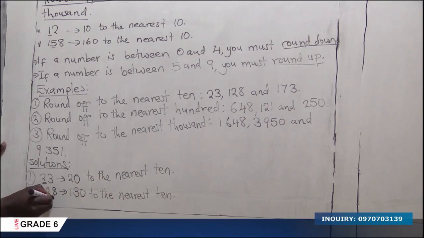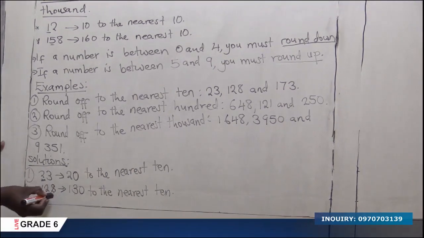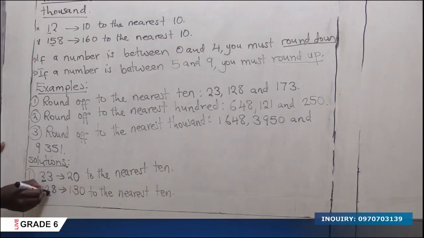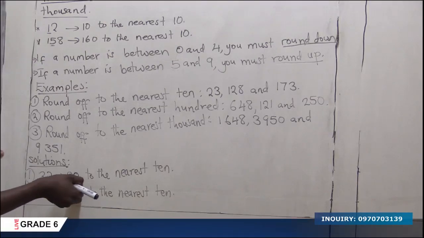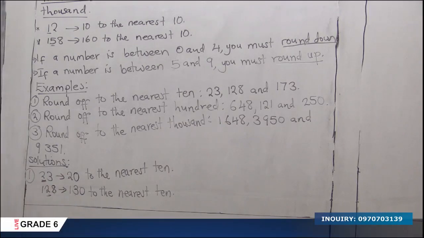Hence, we've rounded up 128, because the next number is between 5 and 9. We've taken 1 from there, put it there, and it has become 3. So it changes to 130 to the nearest 10.